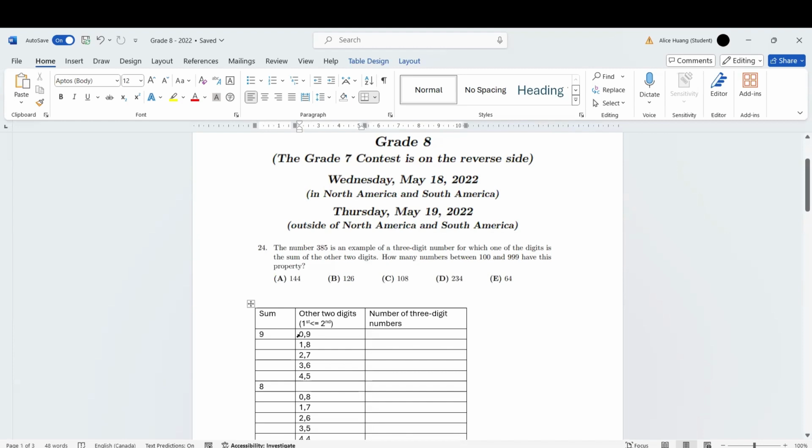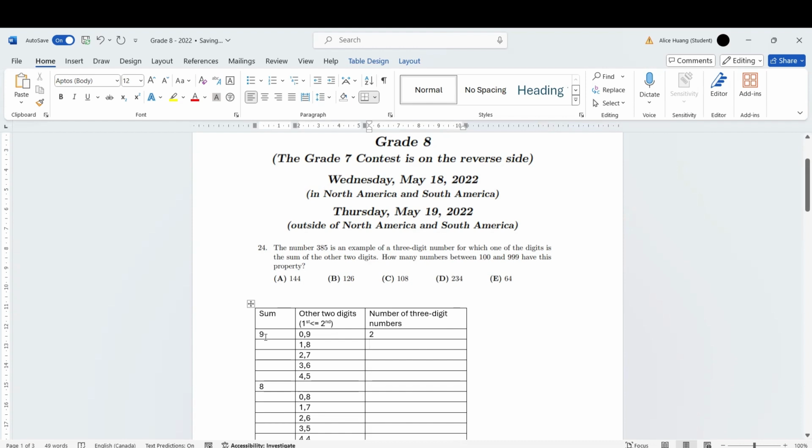But we cannot use the 0 as the first digit, because in that case it will be 99, which is less than 100. It's not a three-digit number.